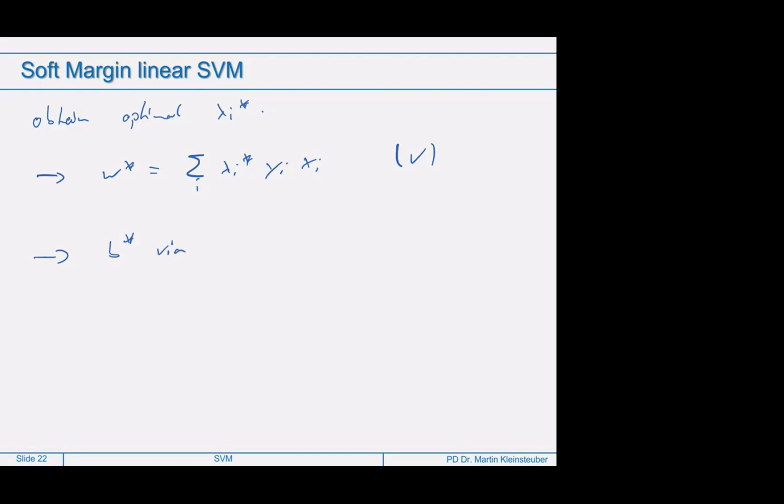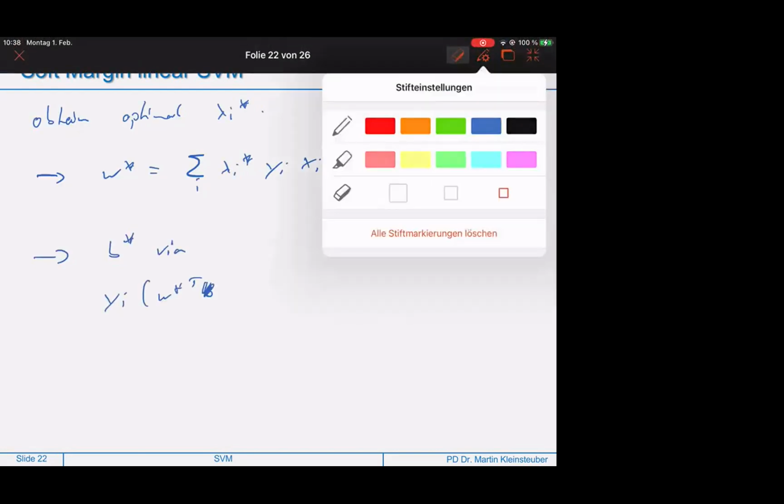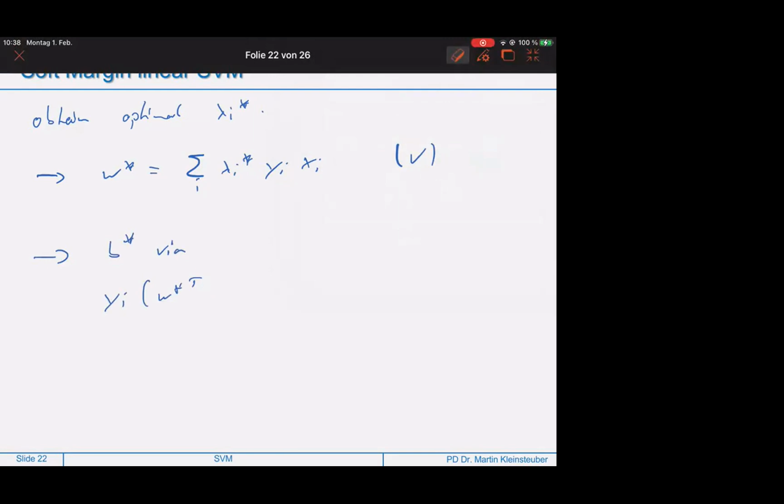We had that yi times W star transpose xi minus B star minus 1, right?